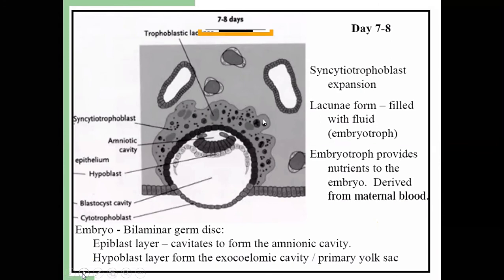So this is now the formation of the early placenta. Of course, you have there your embryo, and your embryonic pole, or the inner cell mass, which becomes the embryo, and the outer cell mass, which becomes the trophoblast.